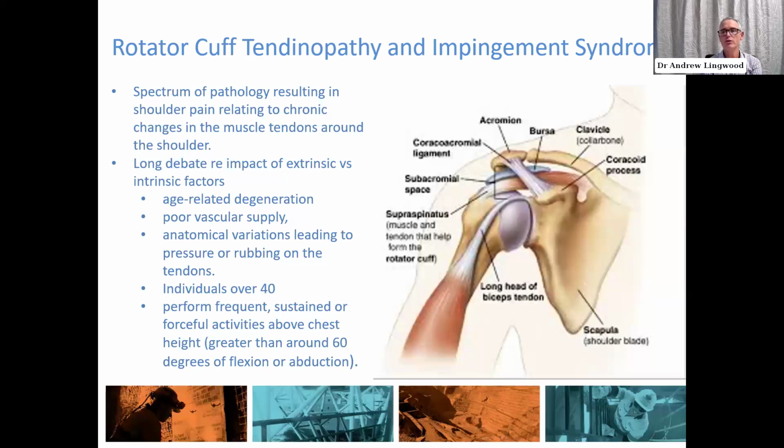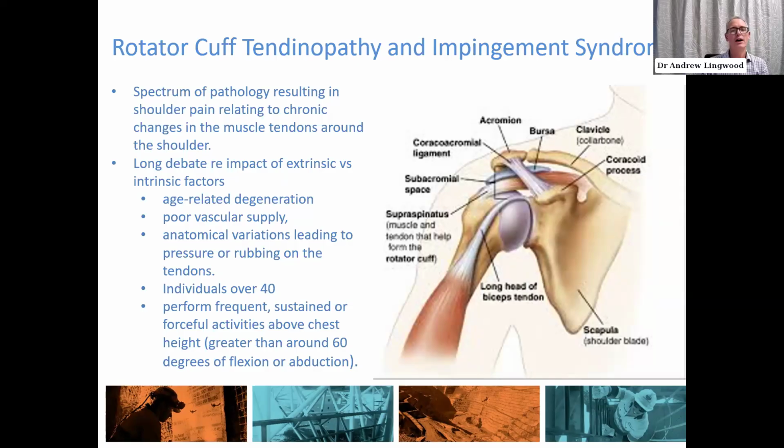The bursa is just a very thin fluid-filled sheath that works on the principle of the capillary effect. If you have two small sheets of glass, put them together, they're very stiff to move. But if you put a tiny drop of water in there, they'll move very easily. That's what the bursa is there for. But because that tendon and a bunch of other tendons go through that space, they are subject to being rubbed on and gradually wearing down.